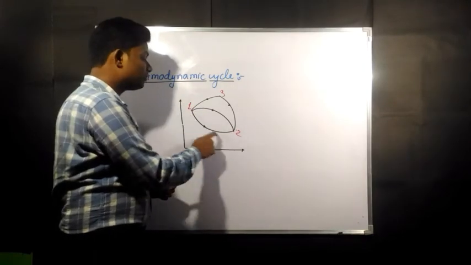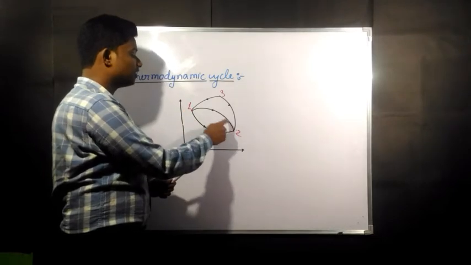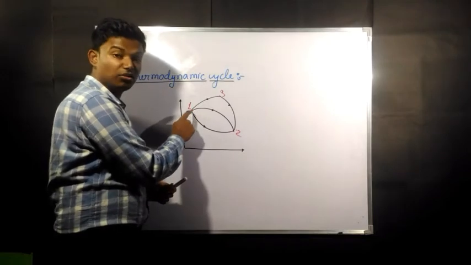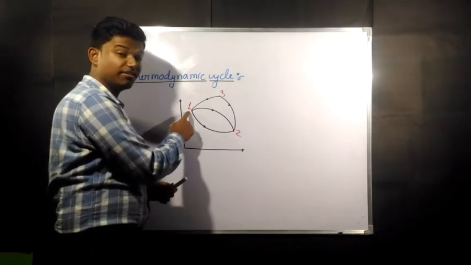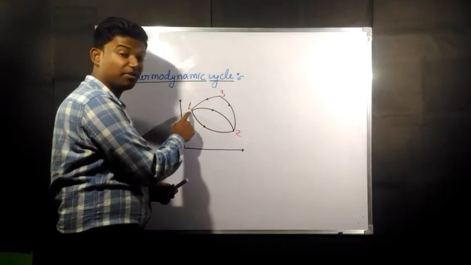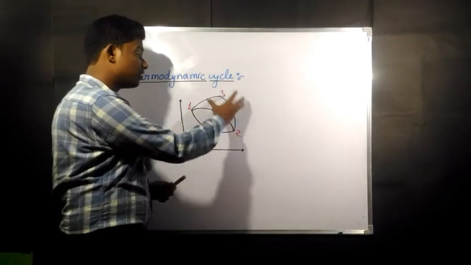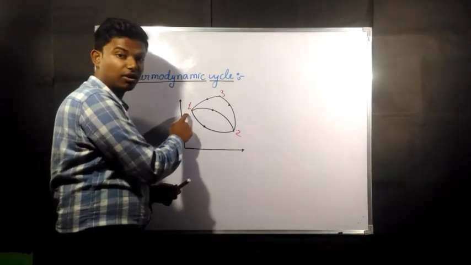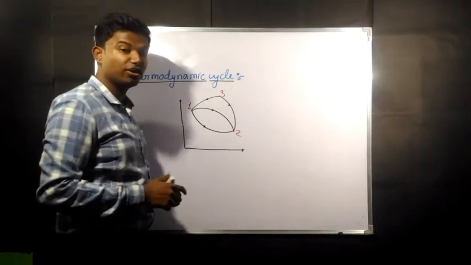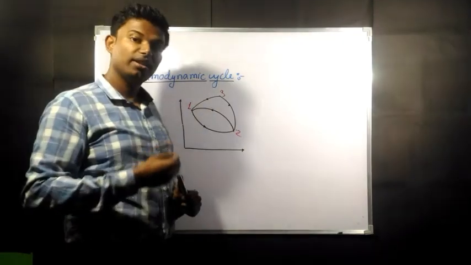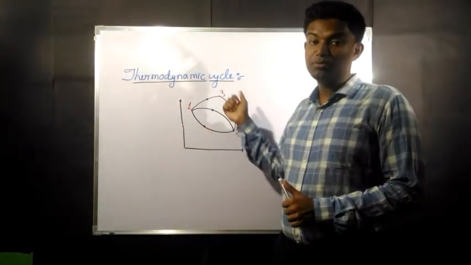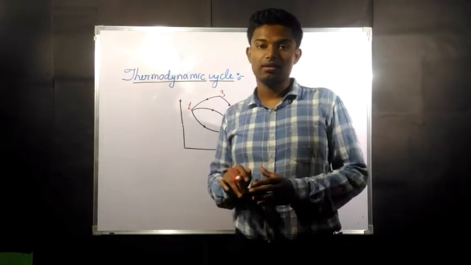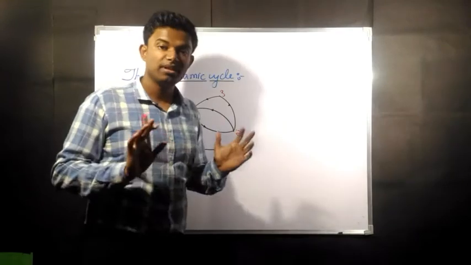But whatever path you take, whether you take this path and come back by another path, or you take this path, go back to this path and come back to this path, then whatever the properties were previously there in state 1, the same properties will regain their value when it comes back to state 1. For a particular point the properties are going to be same. So in a cycle, as always the system comes back to the initial point, that's why the change in the properties is not there. The values of these properties are going to be same.